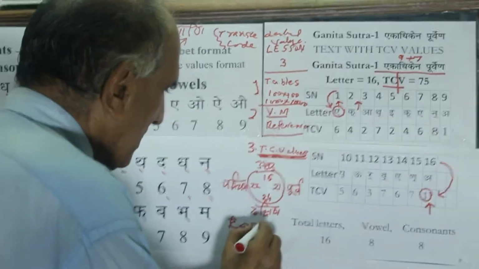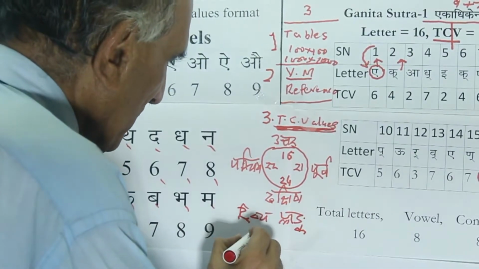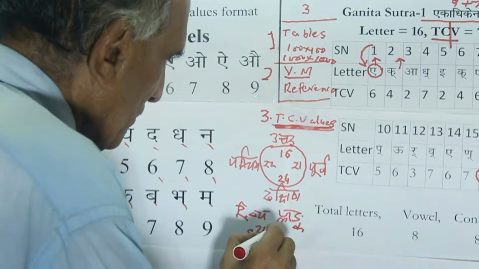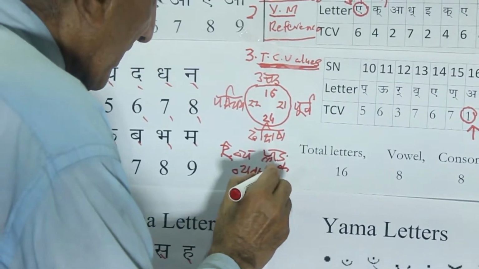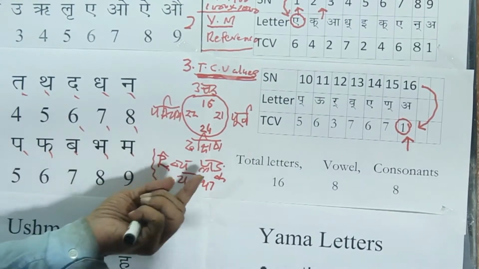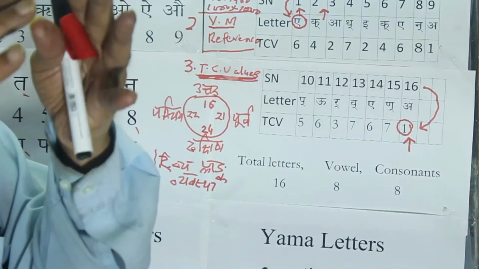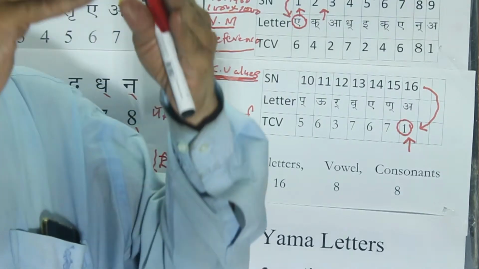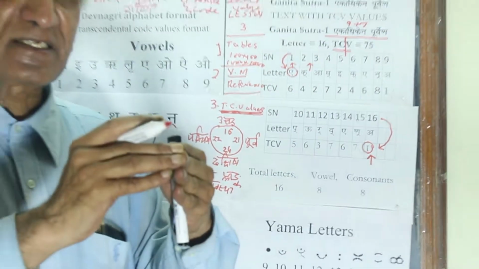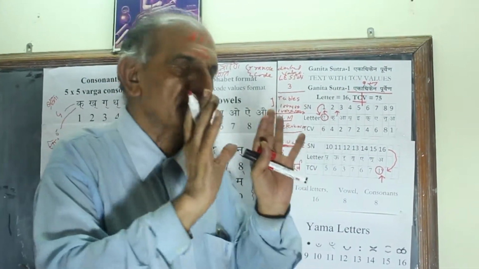With this Divya Ank Vyavastha, the Ganita Sutras mathematics unfolds itself. It is this Divya Ank Vyavastha which we have to learn if we want to reach the height of the bliss attainment of the mathematics of Ganita Sutras.